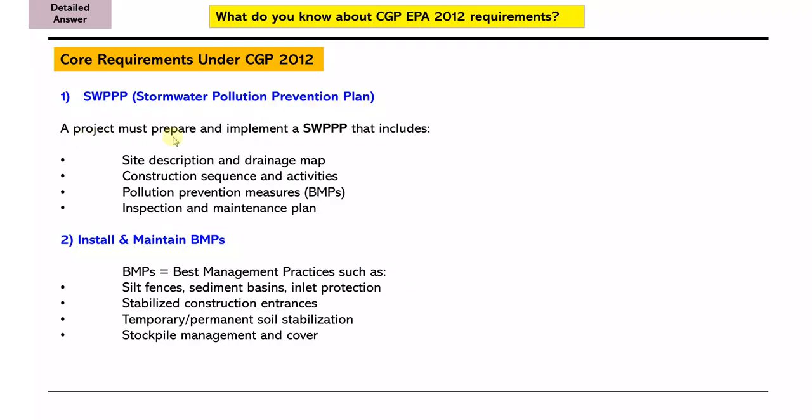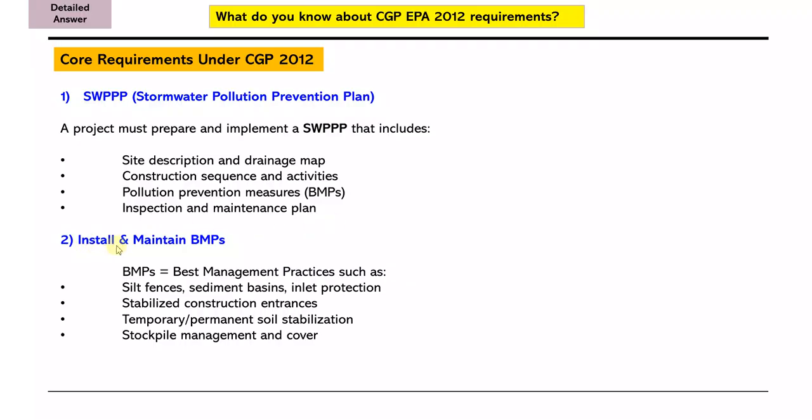A project must prepare and implement a SWPPP that includes site description and drainage map, construction sequence and activities, pollution prevention measures by best management practices, and an inspection and maintenance plan.